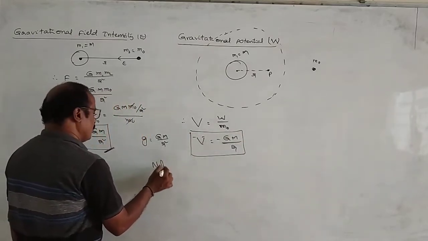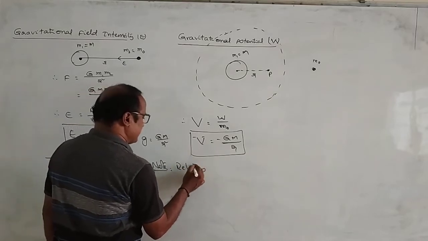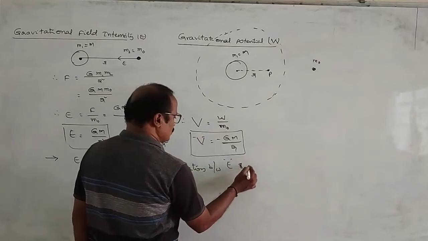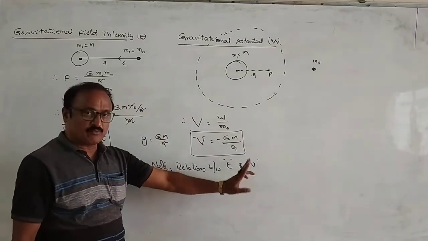Next, one more relation, one more formula. What is the relation between gravitational field intensity and gravitational potential difference? Here V is the gravitational potential difference.